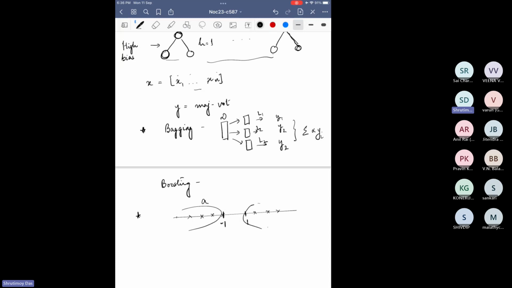This is your set A, this is your set B. The union of set A and set B means you will have all the points from -infinity to -1, and you will have all the points from 1 to infinity. Yes, you will have the collection of all of these points. Understood. Thank you, sir. Okay.